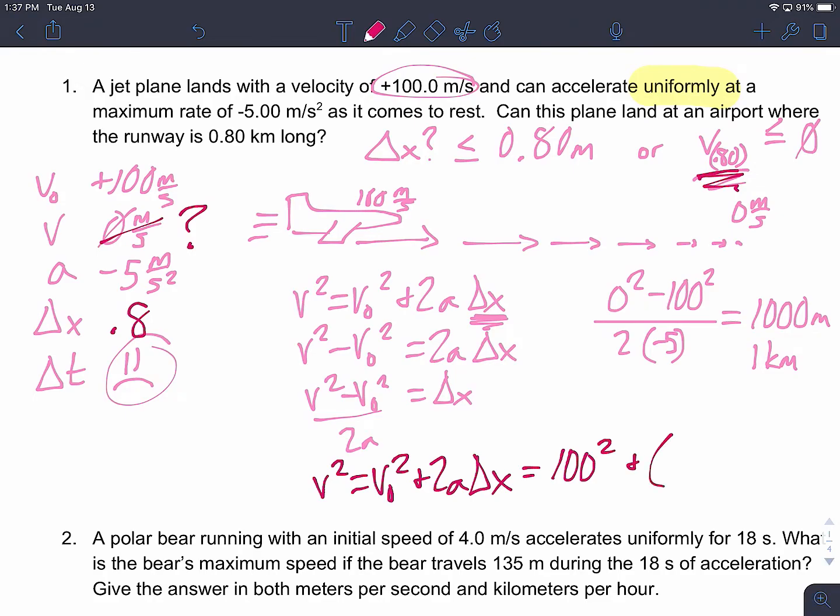Then we're going to add 2 times a negative 5 times 0.8. 2 times negative 5 is negative 10, and then times the 0.8. So that's a negative 8.